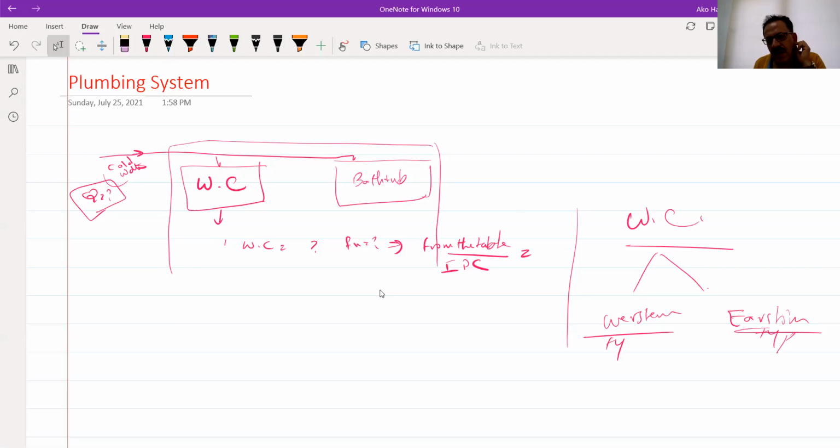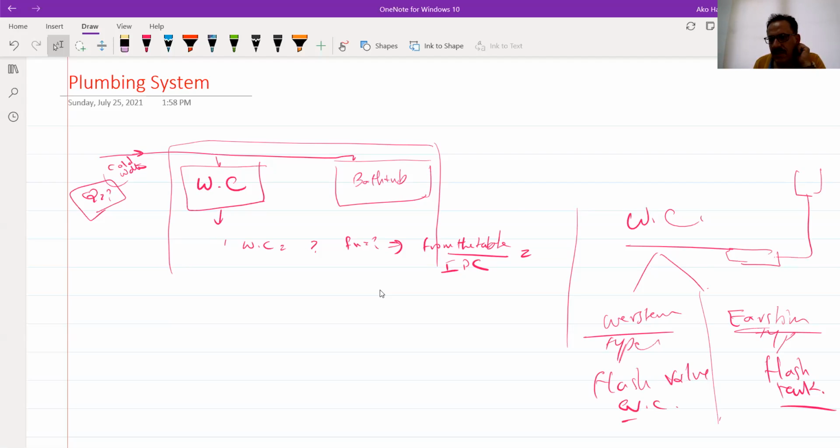Usually the Western type is called a flush valve water closet, and the Eastern one is called the flush tank. We have a tank here and the water closet here, and this is in the wall.